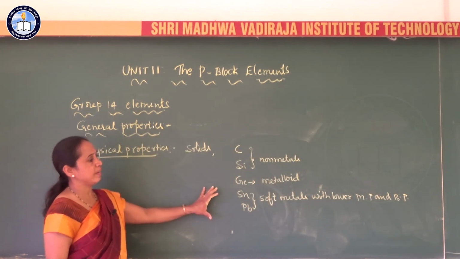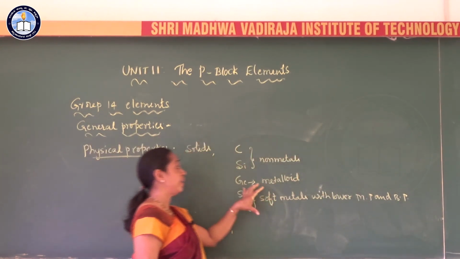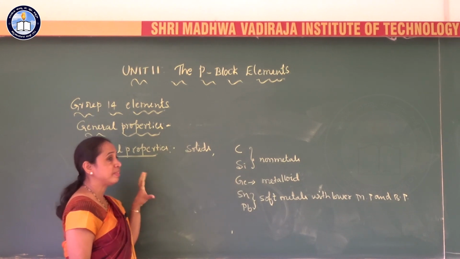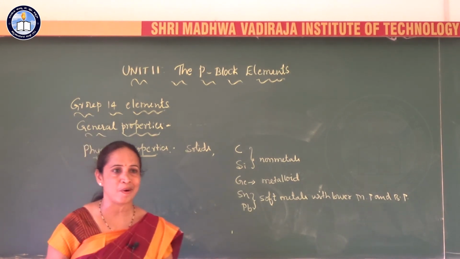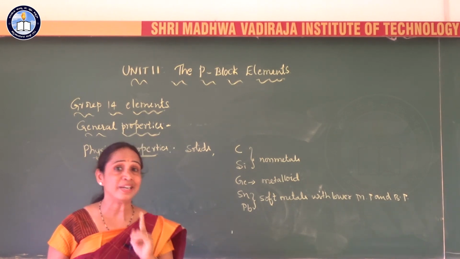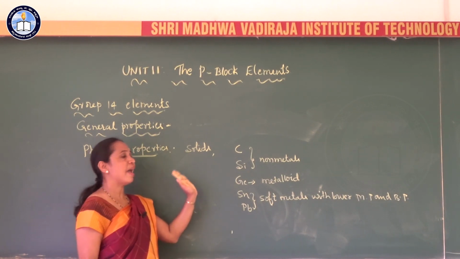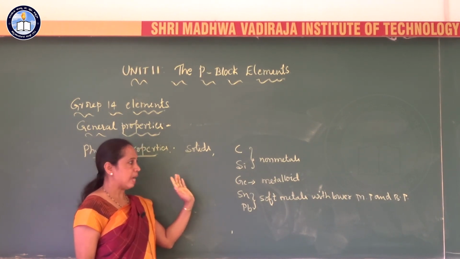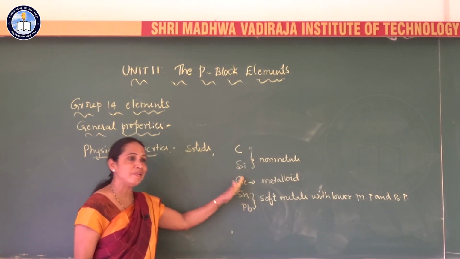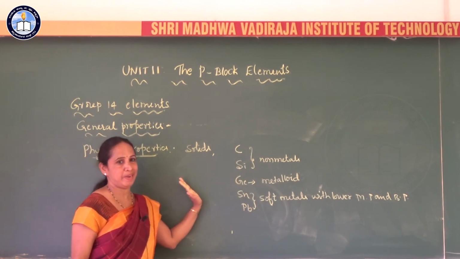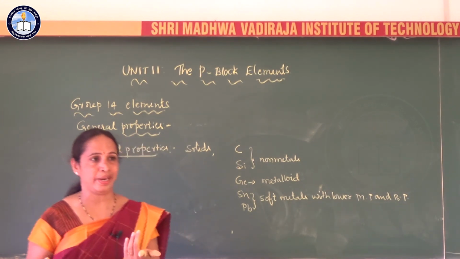Now, if we consider the melting and boiling points of 14th group elements with those of the 13th group elements, which one has higher melting and boiling points? Usually 14th group elements have higher melting and boiling points as compared to the 13th group, because they are smaller in size and more electronegative.